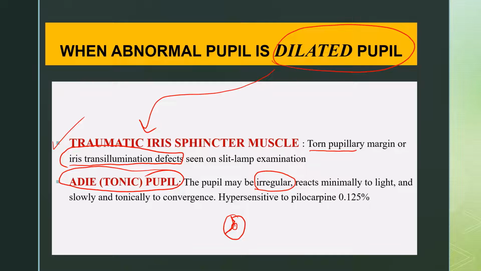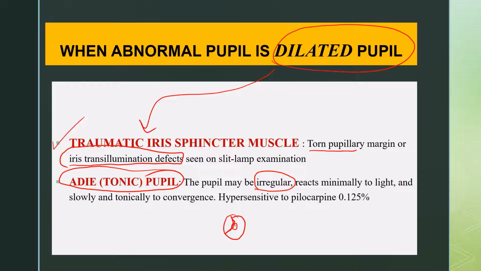Because of that, only a part of the pupil will be reacting to light. And that is the reason why in a tonic pupil, the pupillary light reaction is also called vermiform movements, because they are very irregular, very tonic and slow reactions to the light and also to the convergence.